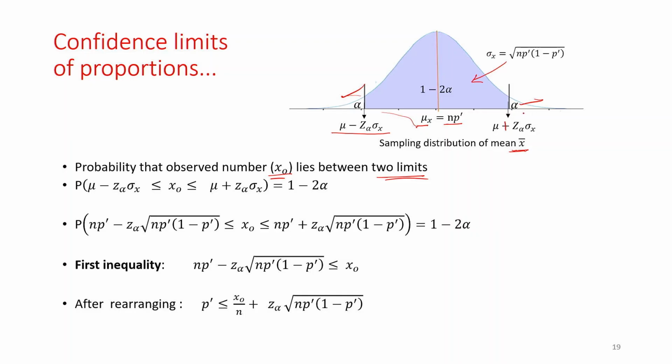So the area within this is going to be 1 minus 2 alpha, meaning any observed value of defective items is going to fall within these two limits with probability 1 minus 2 alpha.